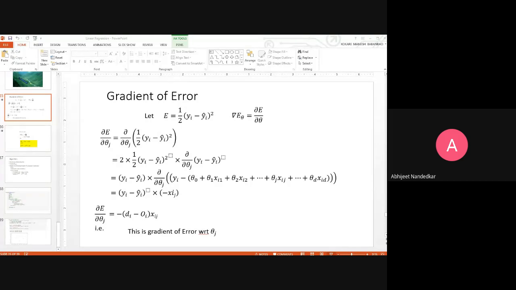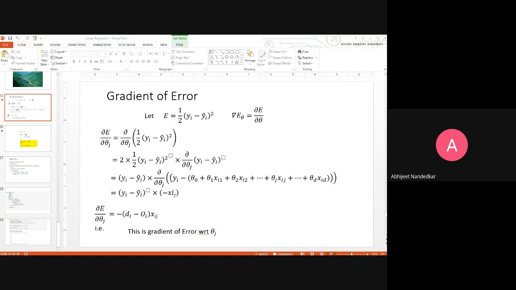Now we will extend this concept. This single input scheme is called simple linear regression or ordinary least square regression. All the names are for the same thing. So we have calculated theta 0 and theta 1. If you remember the last derivation, we obtained theta 0 and theta 1, or beta 0 and beta 1, whatever we have called.